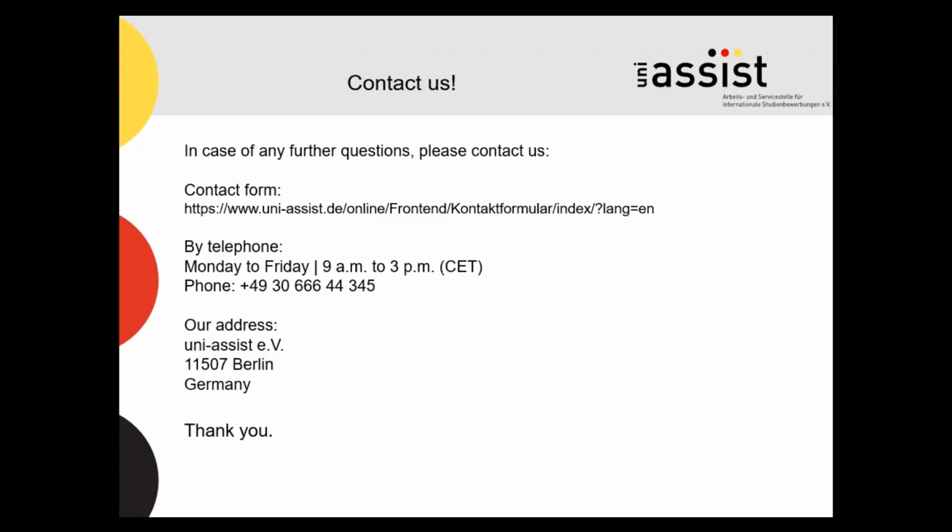Basically, the requirements for the universities, oftentimes it's a little bit muddy if it's C1 or C2 that's required, and then the question, is the DSD2 really all the students need to take if they do take the test in Canada? Uni-assist, are you able to answer this question a little bit more in detail?